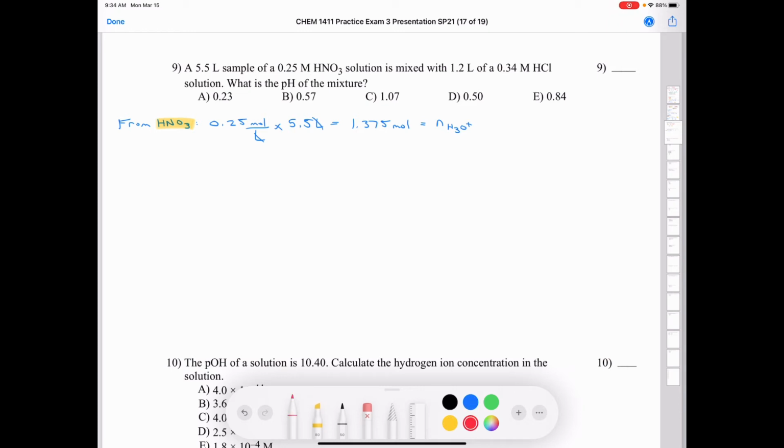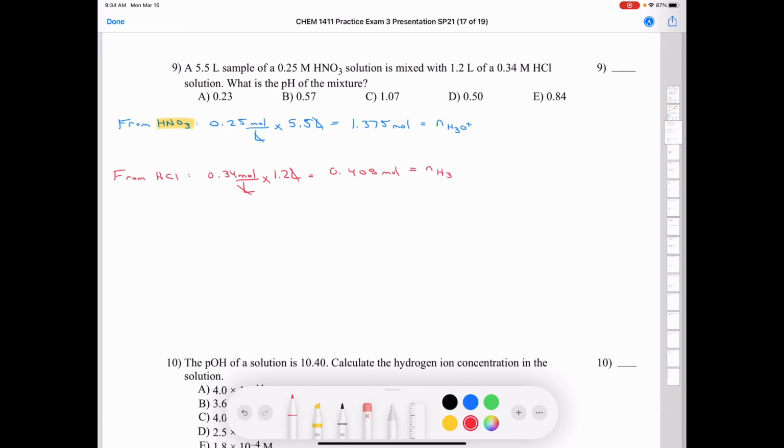So let's do the same treatment for our hydrochloric acid. So from the hydrochloric acid, we have a concentration of 0.34 moles per liter. We multiply that by the volume, 1.2 liters. And when we do that, we get 0.408 moles. Again, I'm carrying an extra sig fig here, but I'll do my rounding at the end.